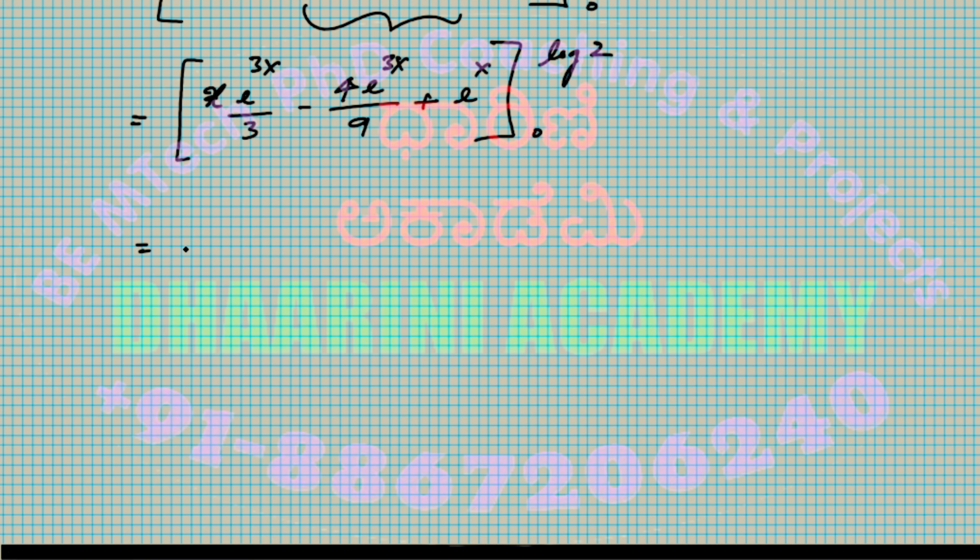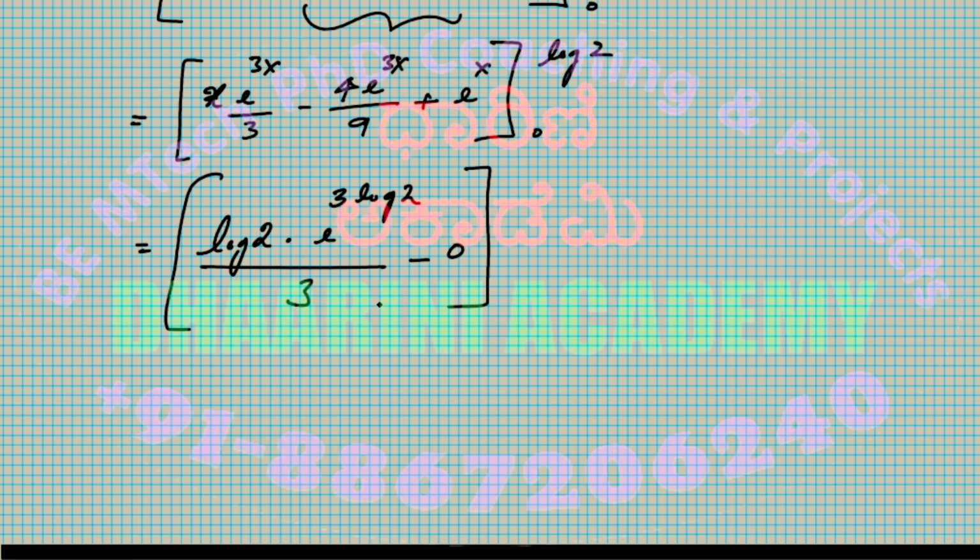So this is equal to, let us substitute. That is log 2 into e to the power 3 times log 2, whole divided by 3. Now we put x equal to 0, so irrespective of other values it cancels. Okay, that's the first term. Then minus, I'll write the 4 by 9 outside, then I'll substitute.